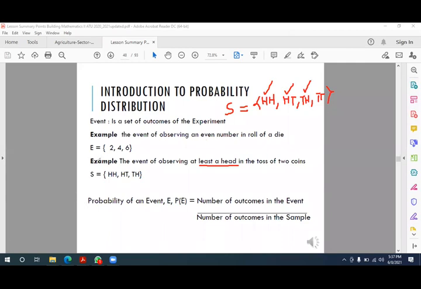So it means that our event E is going to be the set HH, HT, and TH.